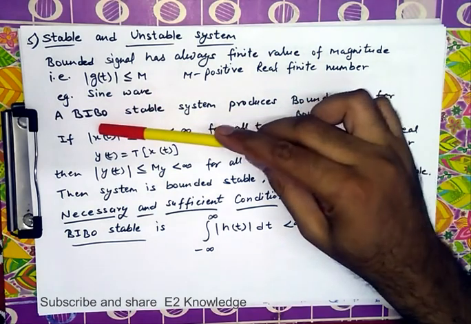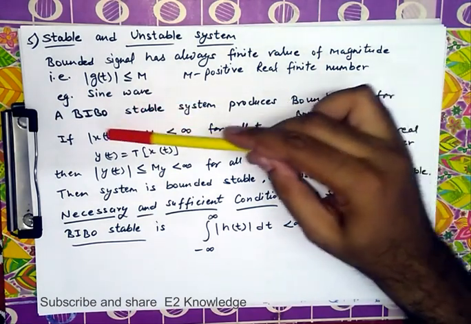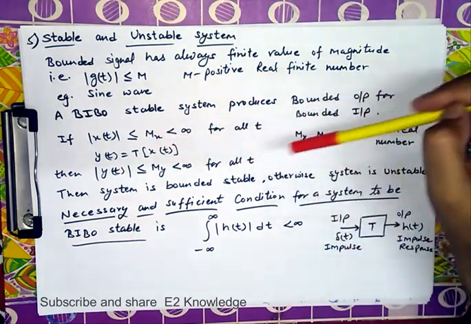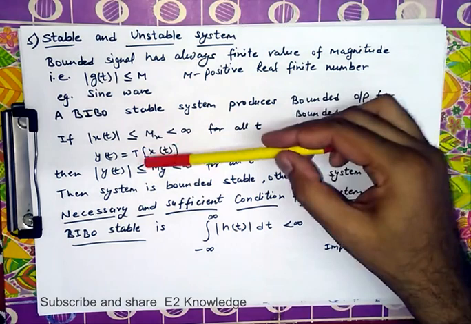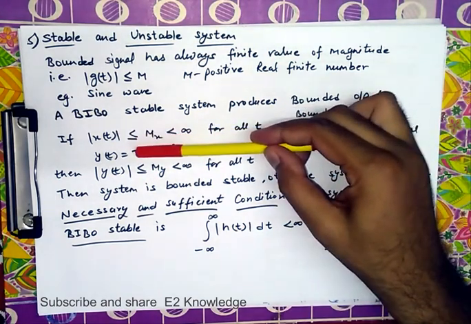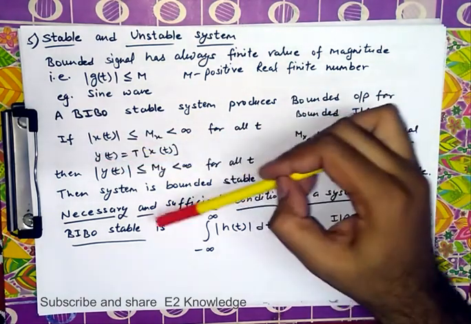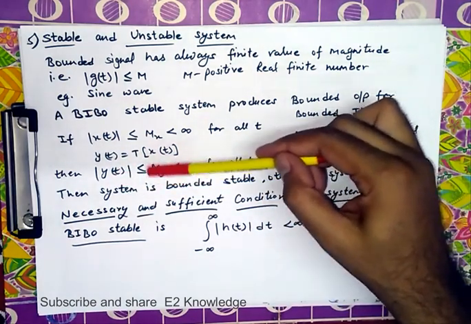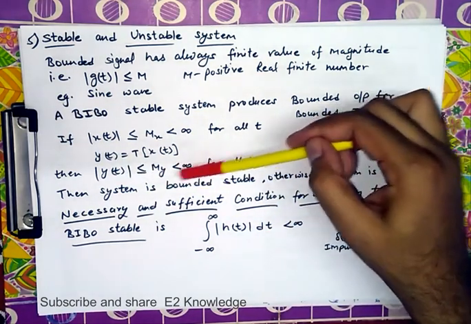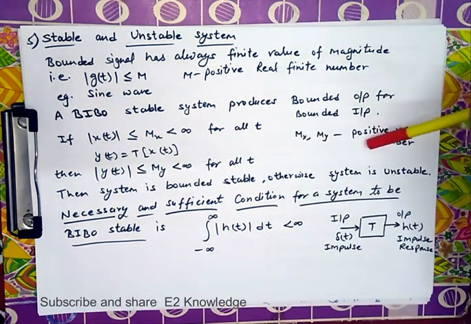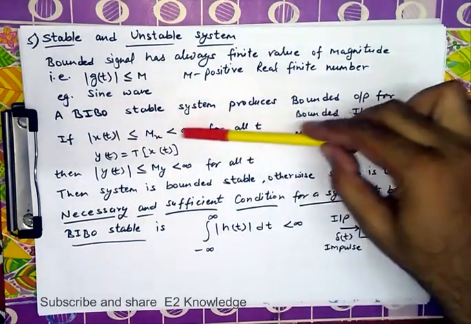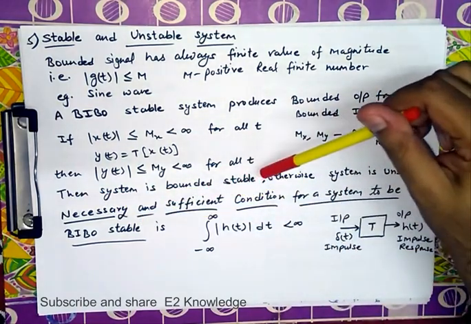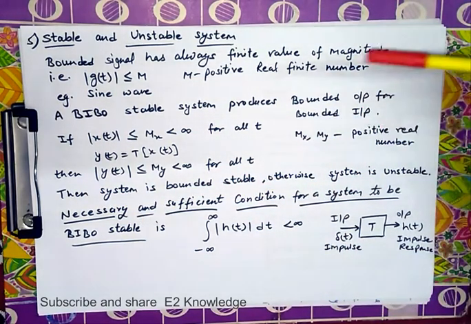For example, if x(t) is the input applied and it is bounded by some Mx, which must obviously be less than infinity for all values of t, then putting the input in the transfer function and getting the output y(t), that y(t) should also be bounded by some value My, and it should also be less than infinity. Mx, My are positive real numbers. So bounded input results in bounded output. Then the system is known as BIBO stable, otherwise the system is unstable.